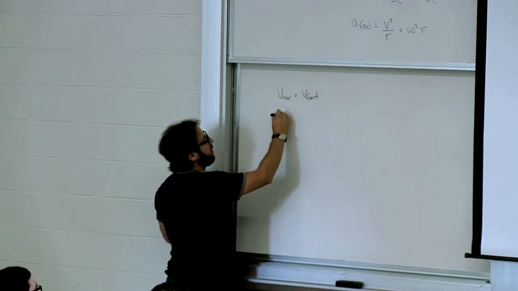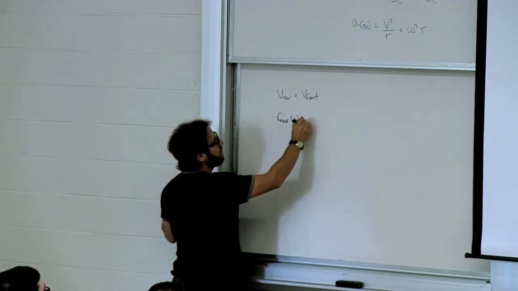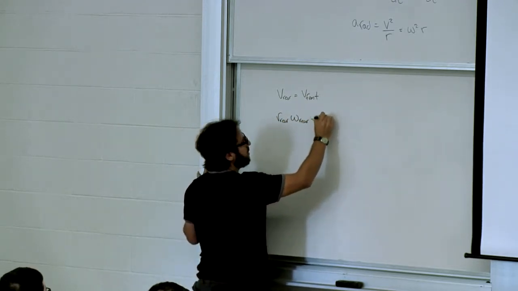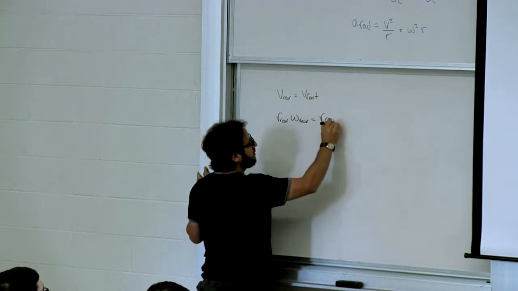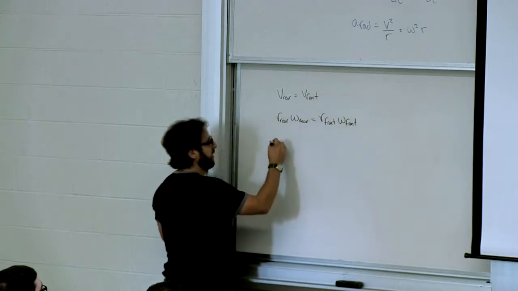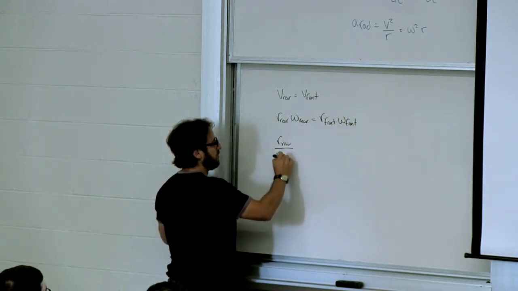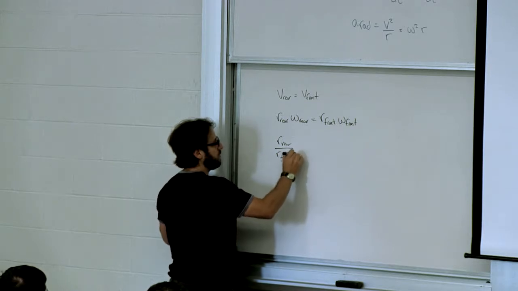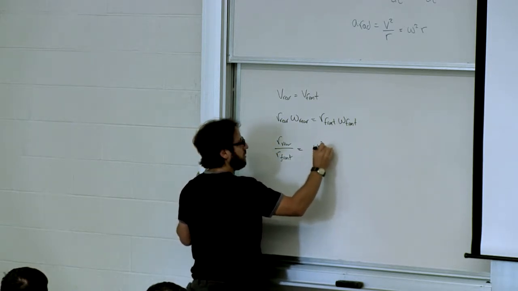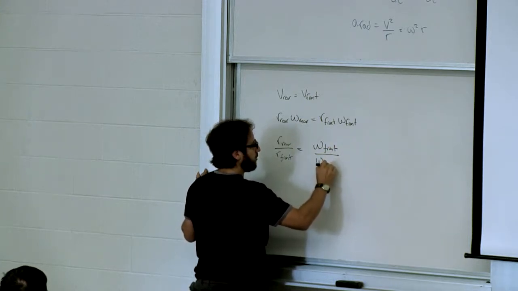Well, I can say r rear omega rear is r front omega front, right? And then I can get the ratio, for example, omega front over omega rear.